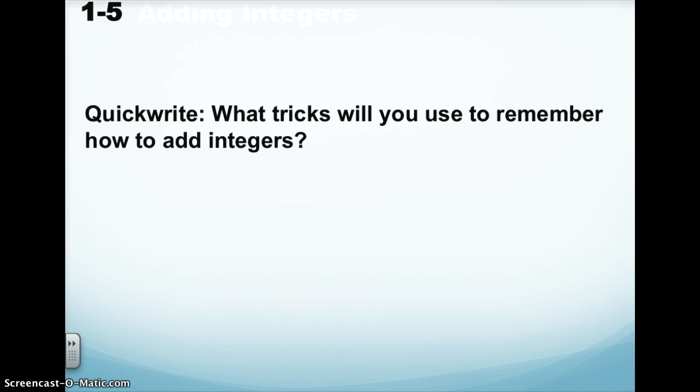To finish up, the quick write, what tricks will you use to remember how to add integers? Remember some of the ways we talked about where we're using a number line? Adding and canceling with that counting method of the pluses and minuses?